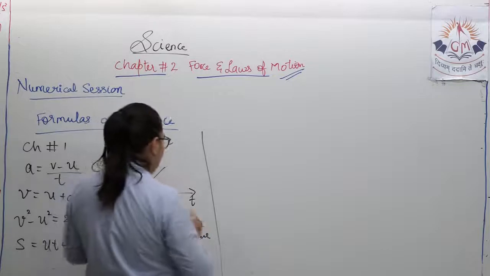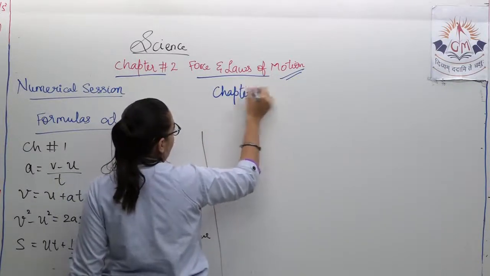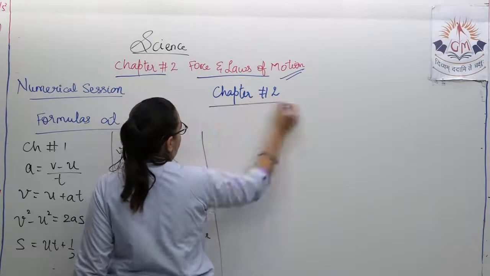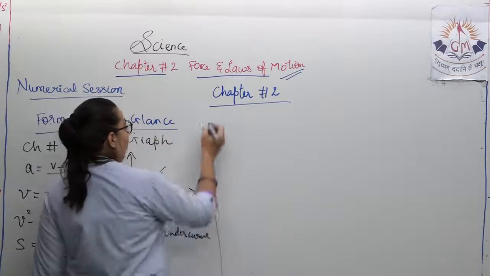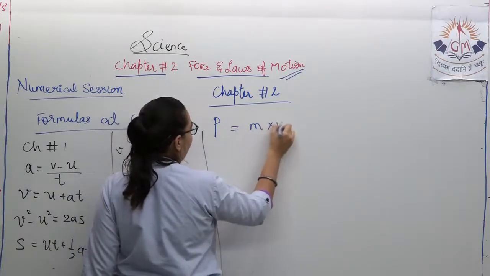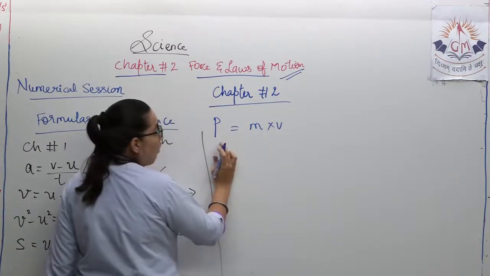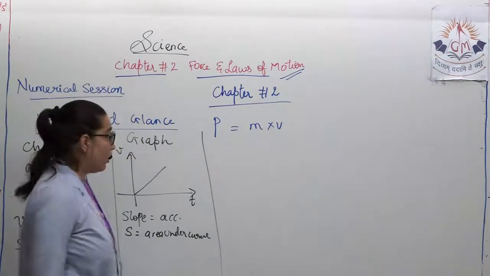Now from chapter 2. From chapter 2, the very first one starts with momentum. P = m × v. What is P? Momentum. That is equal to the product of mass and velocity.